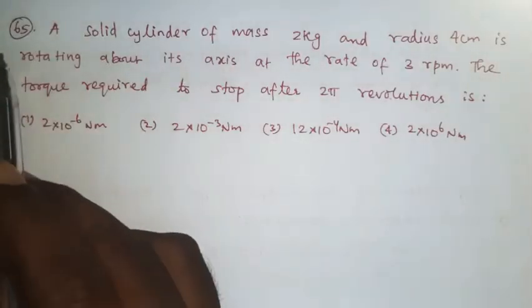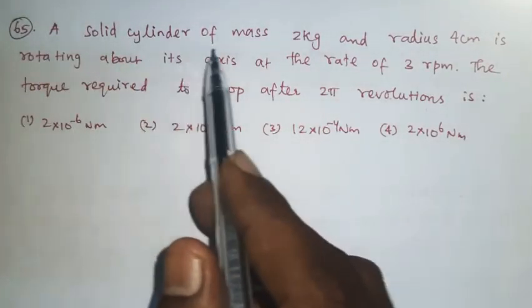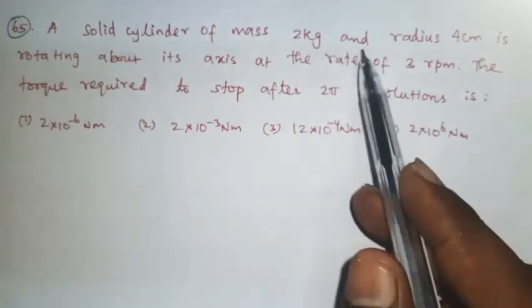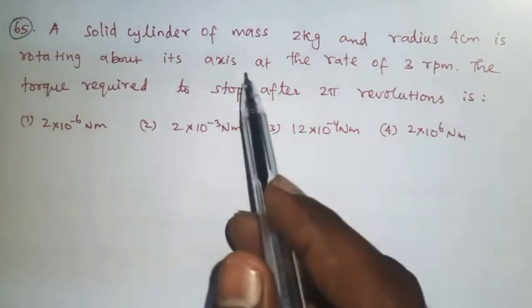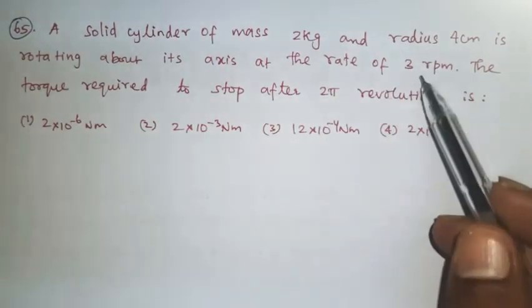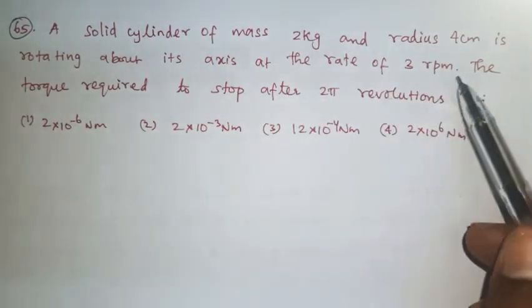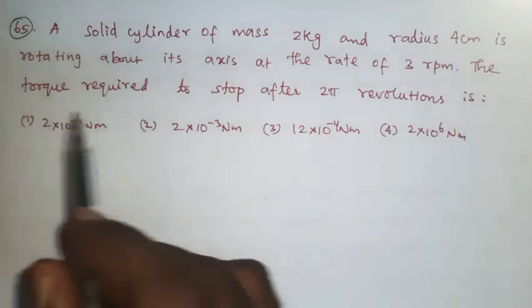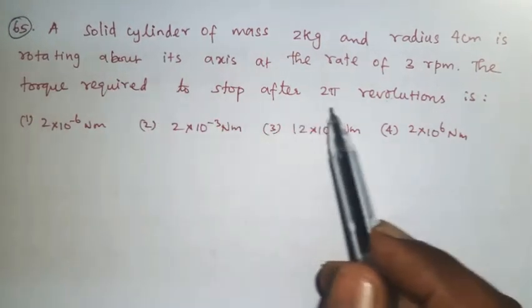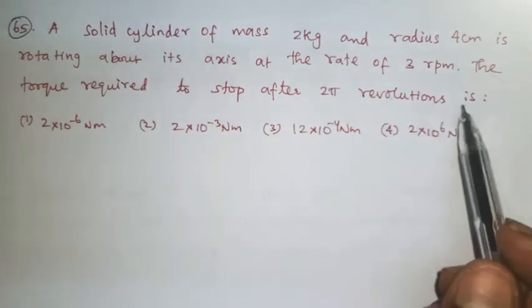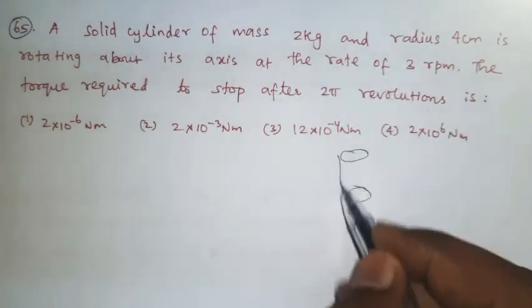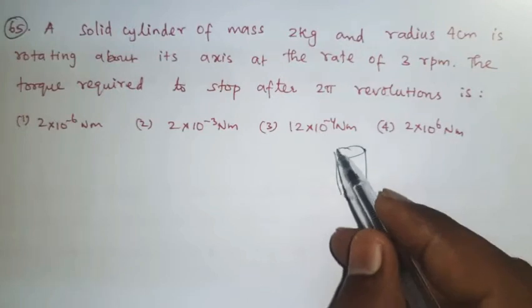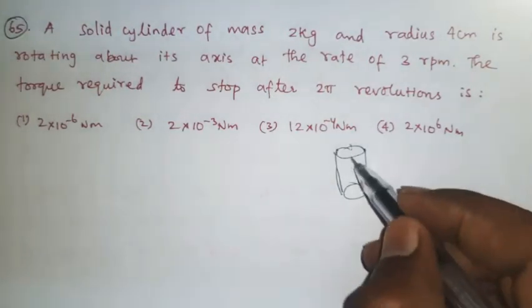Question number 65. A solid cylinder of mass 2 kg and radius 4 centimeter is rotating about its axis at the rate of 3 rotations per minute. The torque required to stop it after 2 pi revolutions is? So, a solid cylinder rotating about its axis.